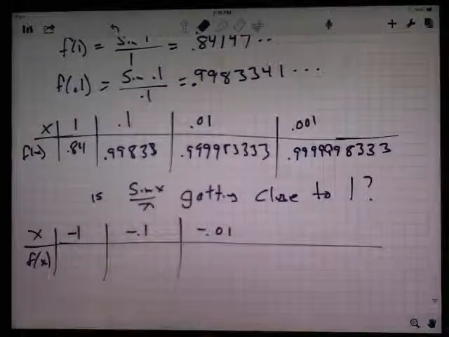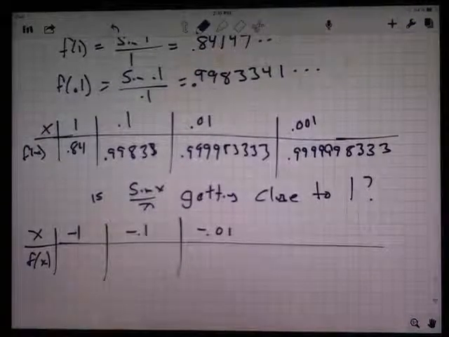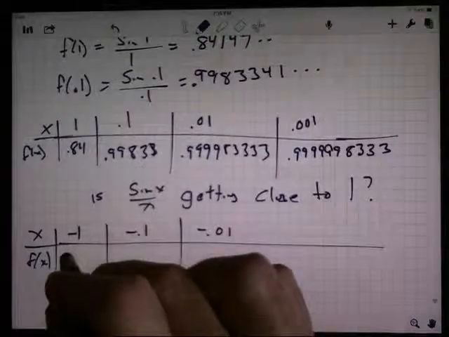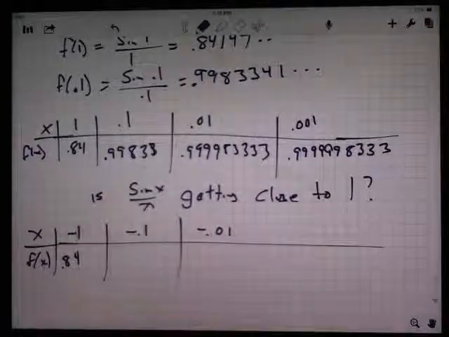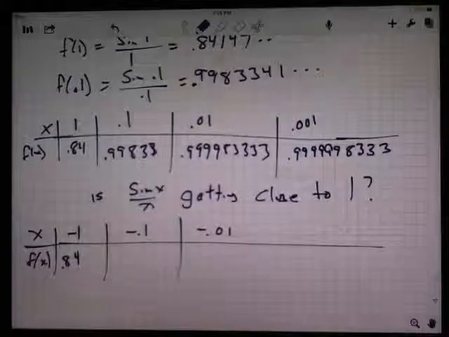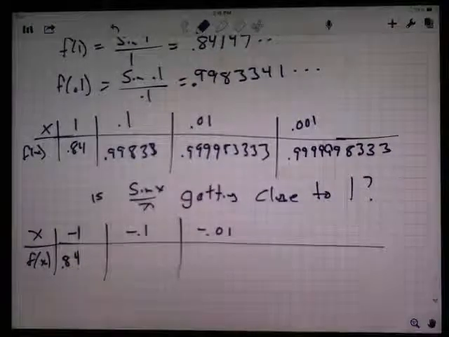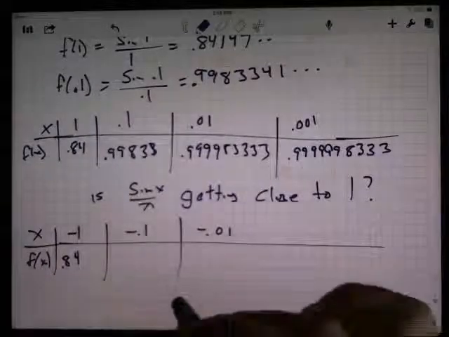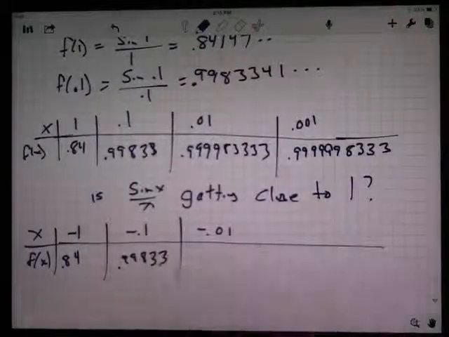So I'm plugging into my calculator now sine of -1 divided by -1, and it gives me 0.841. It's the same as what I got there. Plug in -0.1, so sine of -0.1 divided by -0.1 gives me 0.99833.